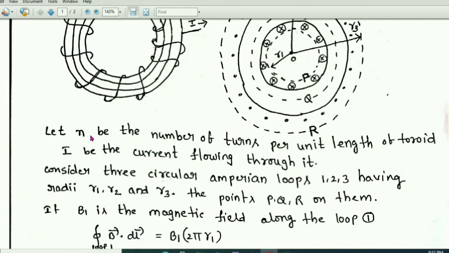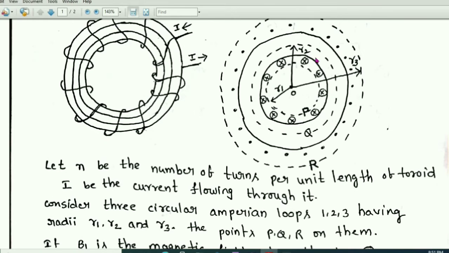Let small n be the number of turns per unit length of the toroid, and let I be the current flowing through the toroid. For each turn the current is I. In all the turns the same current is flowing.